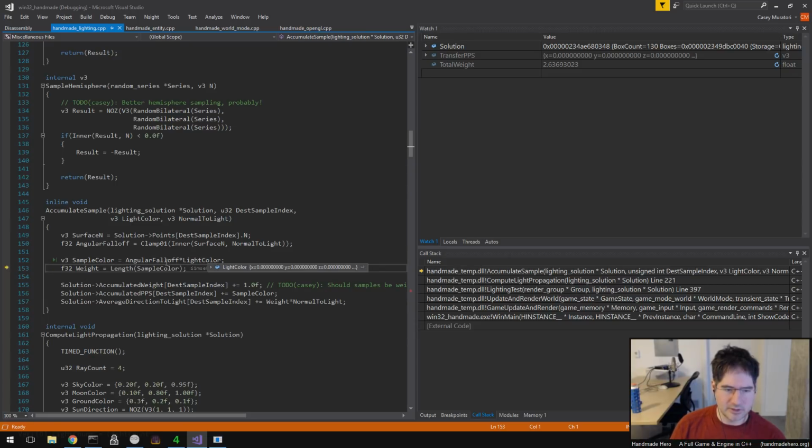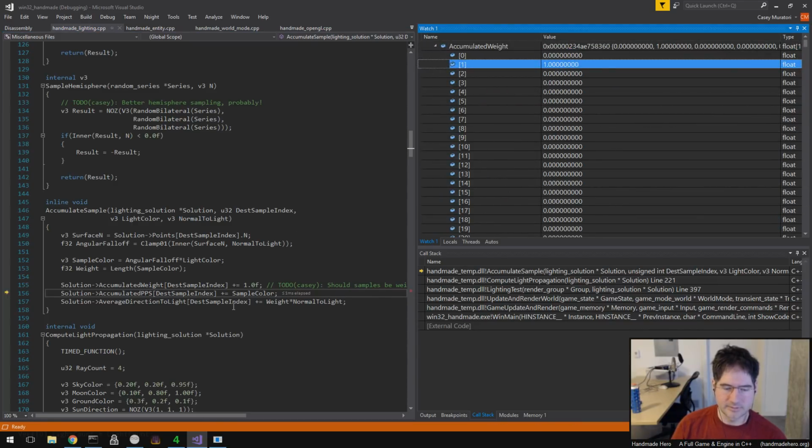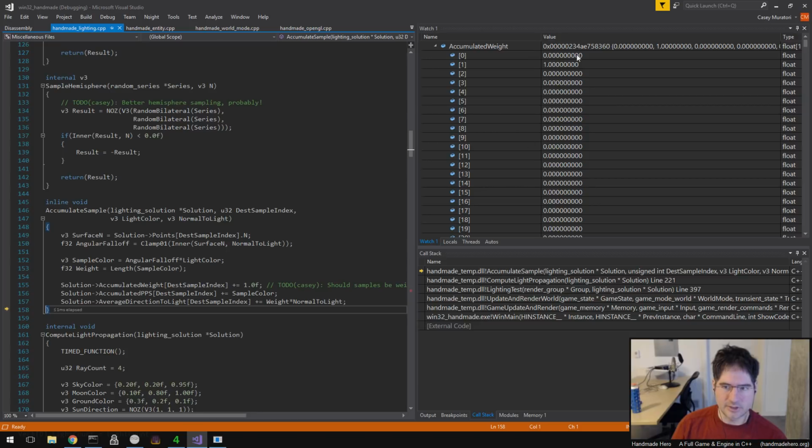We've got our sample color now, that's how much we're actually going to add in here for the particles per second that are being added flux-wise. Again, it's nothing. The weight is also nothing for changing the average direction to light, so the average direction to light will not change based on this value. We have the accumulated weight, which again is just going to go up by 1. So it should just be 1, right? And off we go.